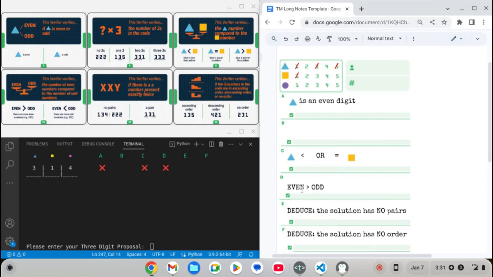And I don't believe it could be either 222 or 444, because if that were the case, then we would know triangle would equal square. And that would make criteria card C irrelevant if we had a single digit repeated 3 times. So because we've already established we're going to have two evens and an odd, we know that triangle cannot be equal to square.